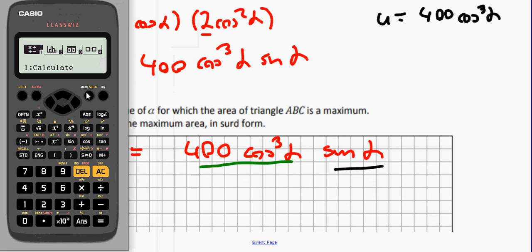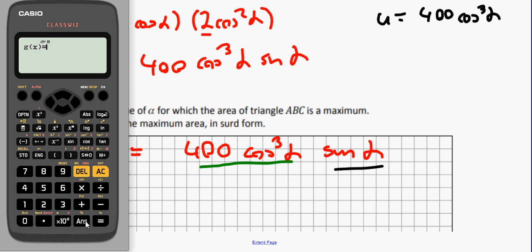You can predict where your maximum should occur. So your maximum should occur at, so 400 cos x to the power 3, and then sine x, so sine alpha x, close, close.